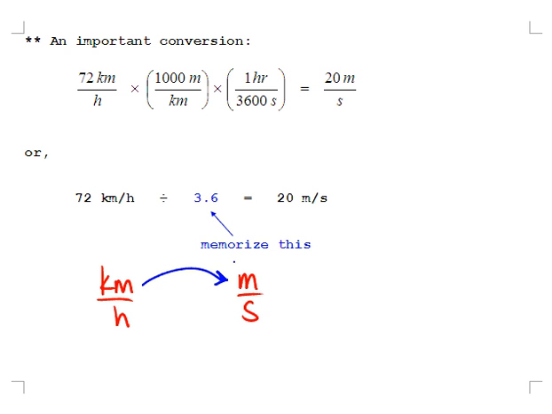If you want to go that way, divide by 3.6. And sometimes you'll actually want to go from meters per second into kilometers per hour because that might make more sense to picture how fast something is going. You simply multiply by 3.6. So there's a conversion that you're certainly going to want to memorize in order to quickly move through some of the questions that we'll see in this chapter.